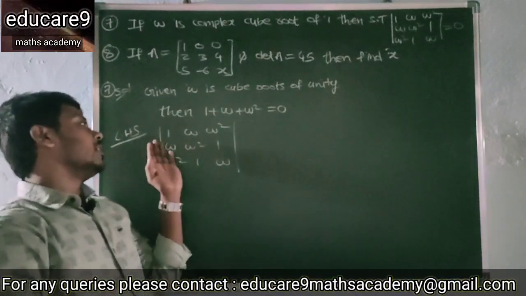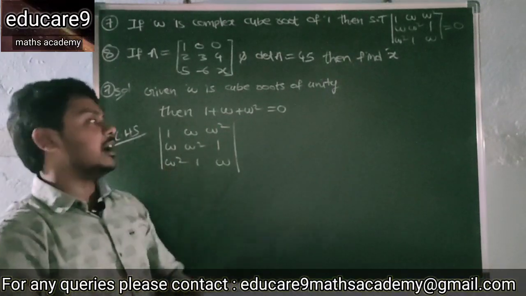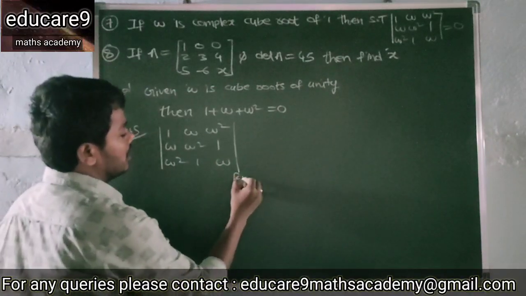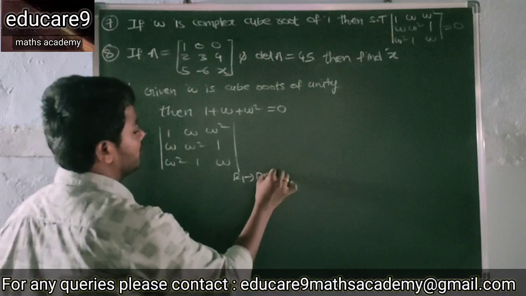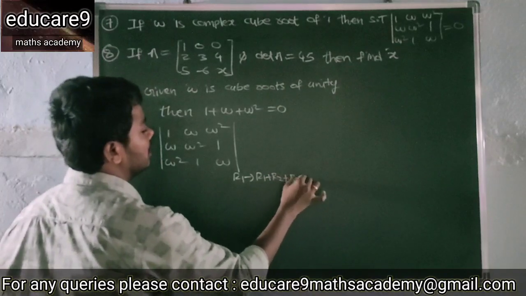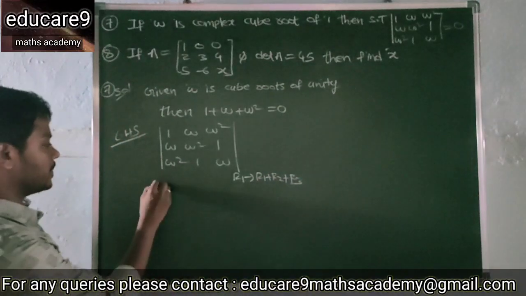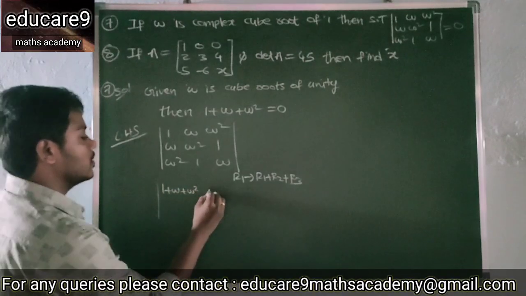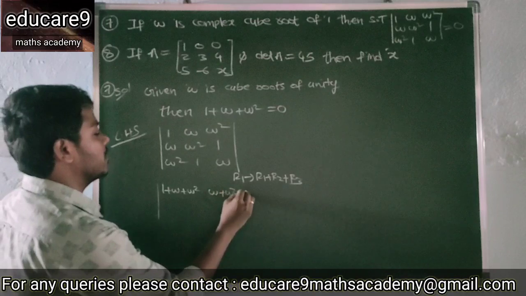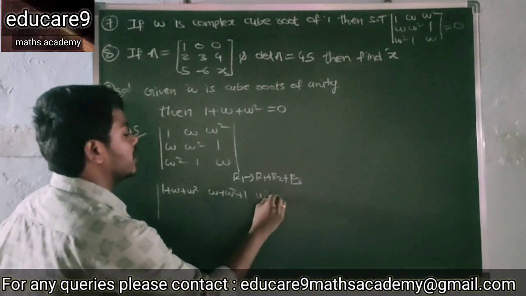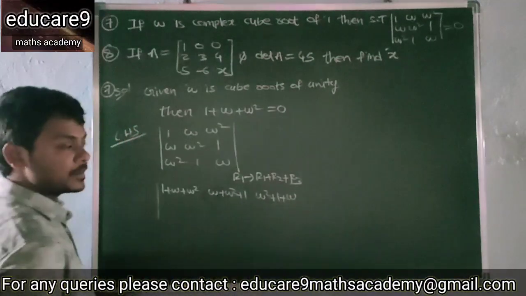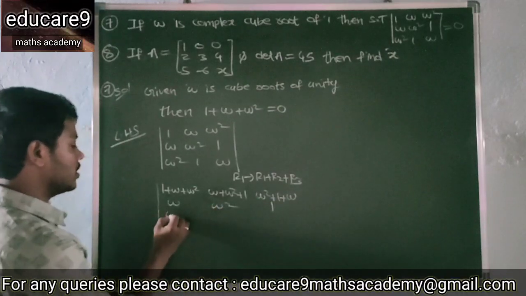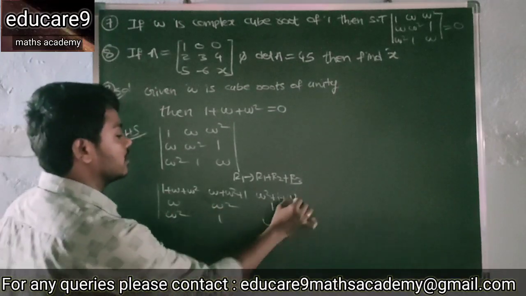If you add columns or rows, anyone. Here R1 implies R1 plus R2 plus R3. So what you get? 1 plus omega plus omega square, omega square plus 1 plus omega, and omega square plus 1 plus omega. Now this is omega square 1 omega square 1 omega.